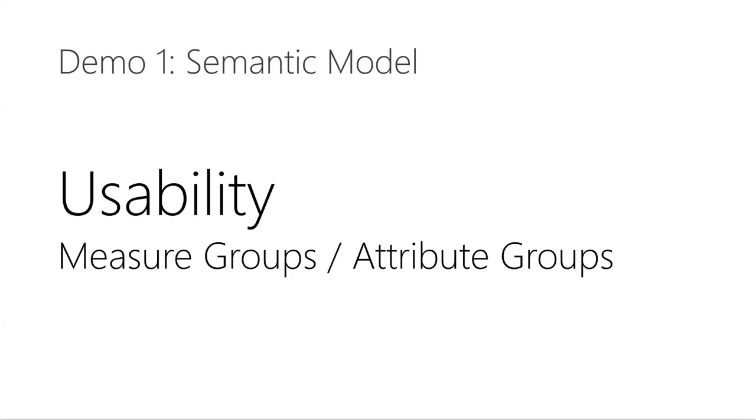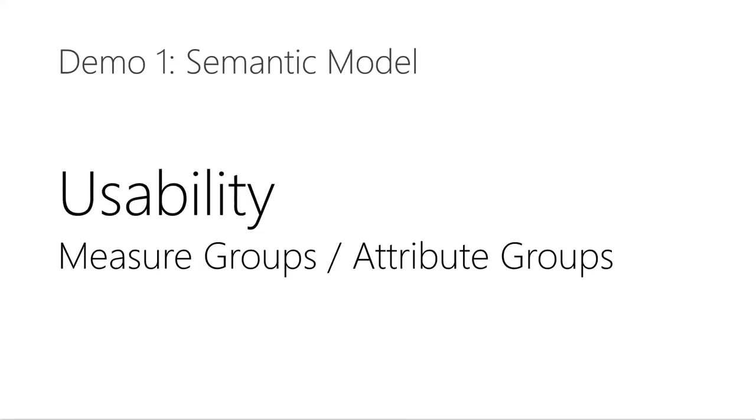Same with the attributes. Just think of a dimension. There are several attributes in that dimension, and it's not really easy for the user to navigate to the right attribute that they want to use for their analytics in that particular dimension. So in order to create ease in that navigation process, what you can do is you can create measure groups or attribute groups.